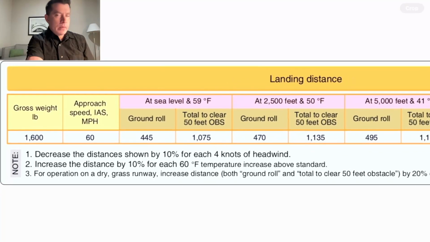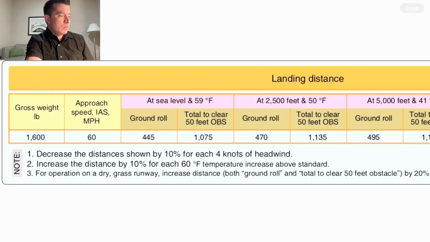Now, if I remember correctly, these notes down here will make sure you pay attention to them. So the first note: decrease the distance by 10% for each 4 knots of headwind. So if you have 8 knots, that's going to decrease your landing distance by 20%.